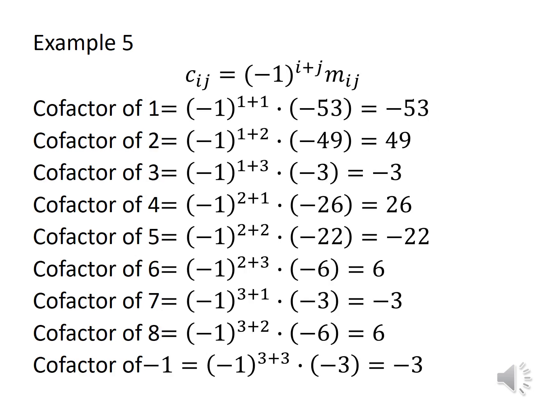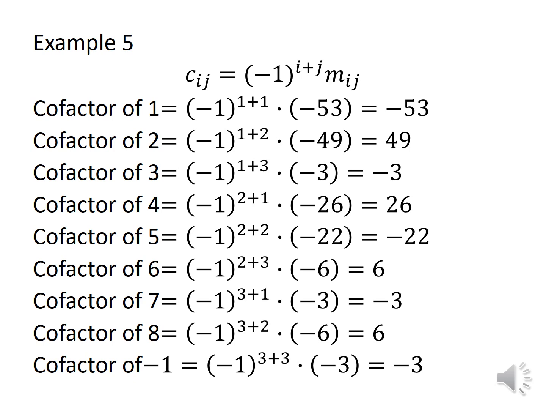After we have the minor for each element, we can calculate the cofactor for each element. Use the formula of the cofactor: -1 to the power of i plus j for the first element 1. The coordinate for this one is first row, first column.